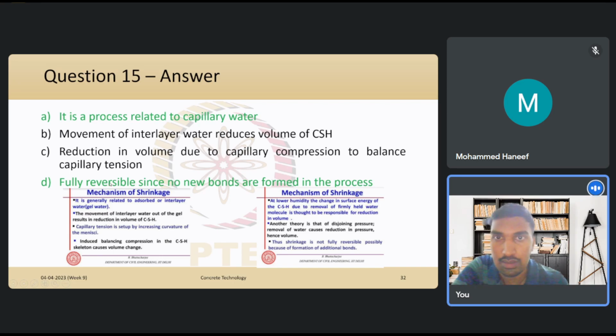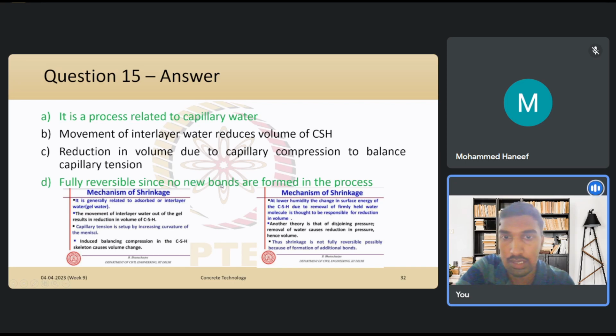This shrinkage is not completely reversible. We cannot just add the water that is lost and get back the same volume. That is not the case, because new bonds will actually be formed because of the movement of this water.